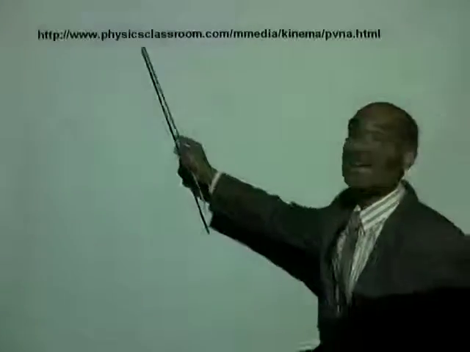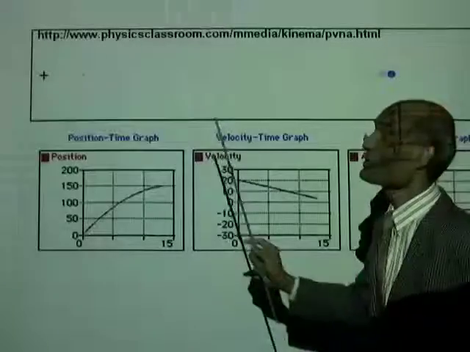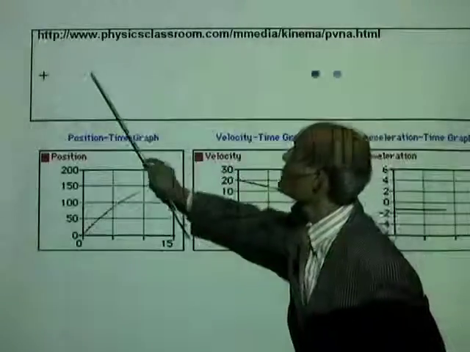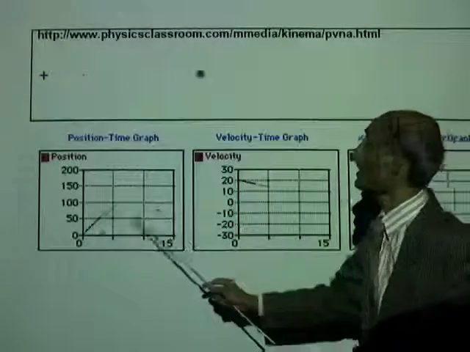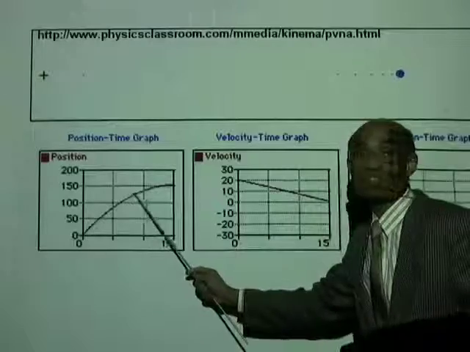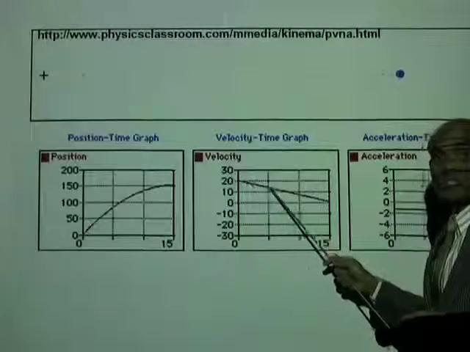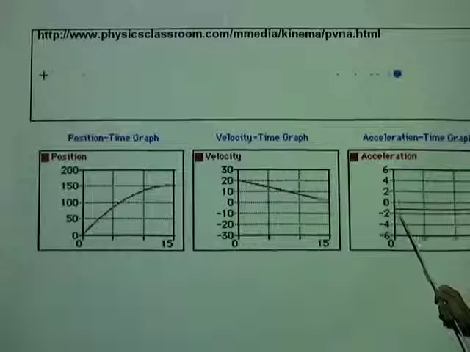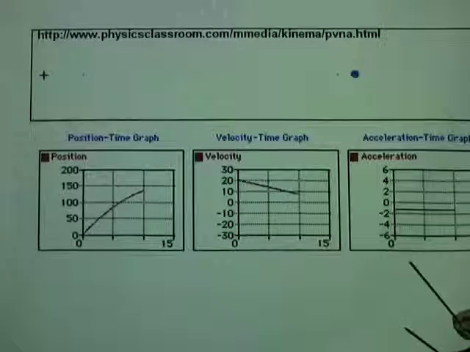Alright, let's now look at the same case, a web animation. You can see positive velocity, negative acceleration. Each second the displacement gets smaller and smaller. The position graph is concave down. The velocity decreases to 0. And the acceleration is a horizontal line below the time axis.